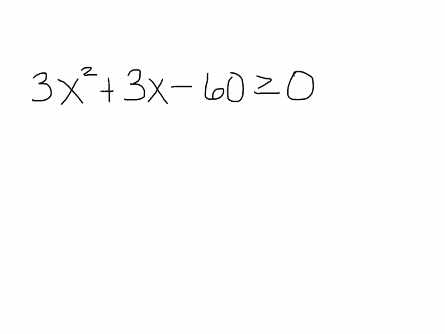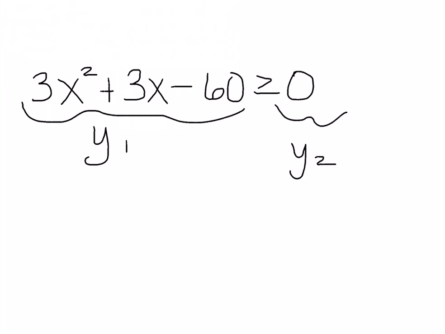So I don't think I'm going to have time to do both. But if I did it graphically, because that's probably the one that most people are going to gravitate to anyway, you stick this into y1. So this is y1. And that's y2. So when I put that into y1, I have 3x squared plus 3x minus 60, and then 0.